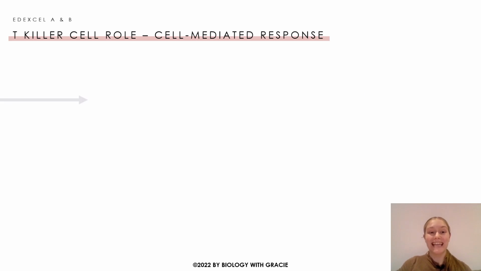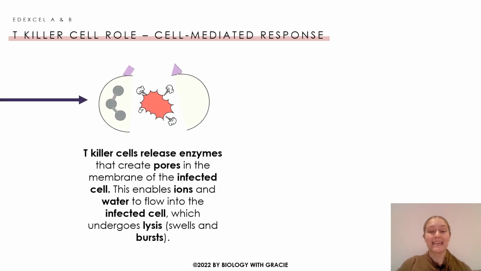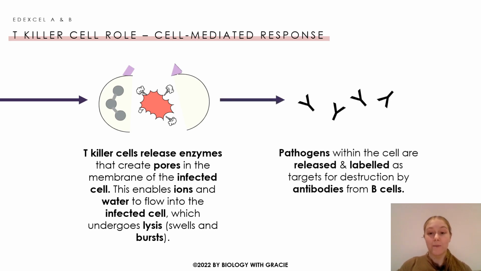Then the next stage is the T killer cells releasing enzymes, and these enzymes create pores in the membrane of the infected cell. This means that ions and water can flow in and the cell can undergo lysis, and lysis is the process of the cell swelling and bursting. And then the pathogens within the cell are released and labelled as targets for destruction by antibodies from B cells.